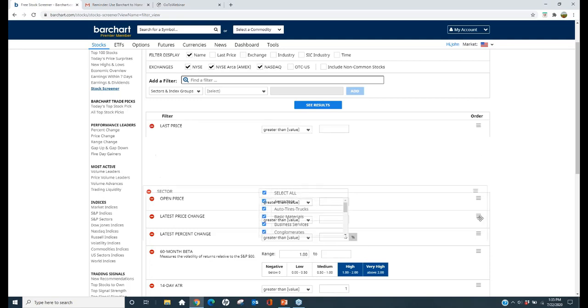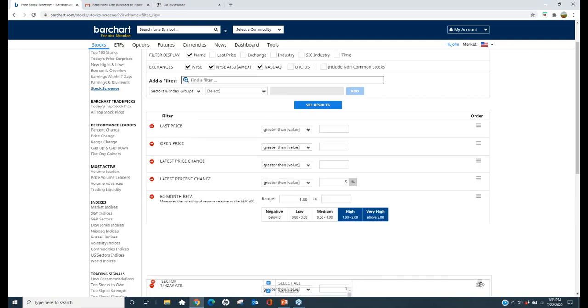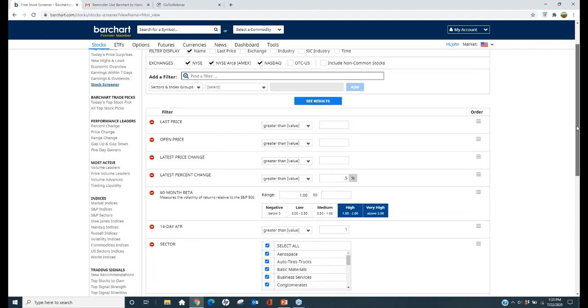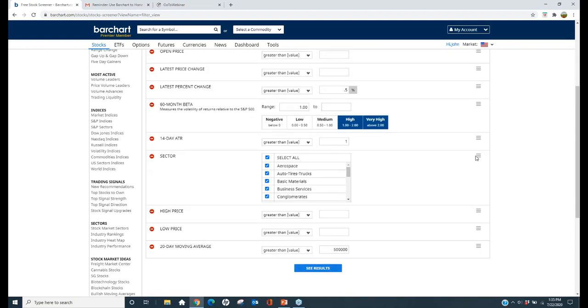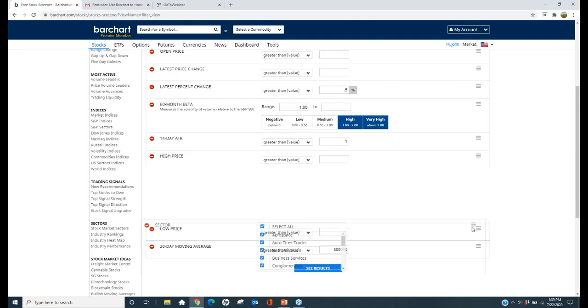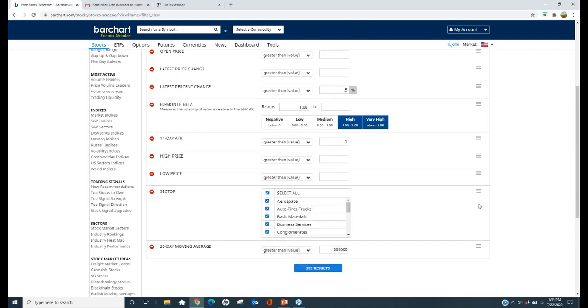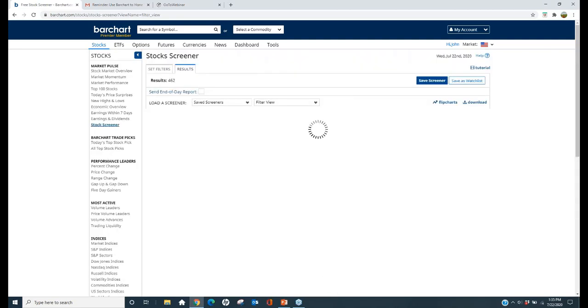But as I'm analyzing my different markets, I might start to notice that one sector or a group of sectors is outperforming the broader market or other sectors, and that could lead me to some trading opportunities. Again, I'm being general here and using larger values, and let's see what our results are.